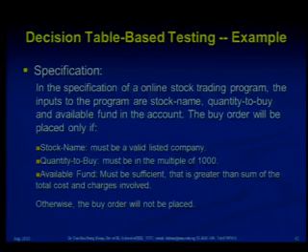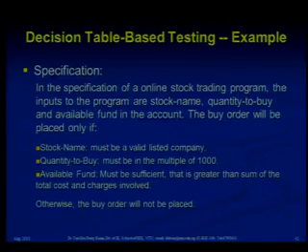Okay, so these are the three pieces of input to the program, and the program performs a very simple function: based on these three inputs, it decides whether to accept the order from the customer to buy, or not to buy, which means reject.